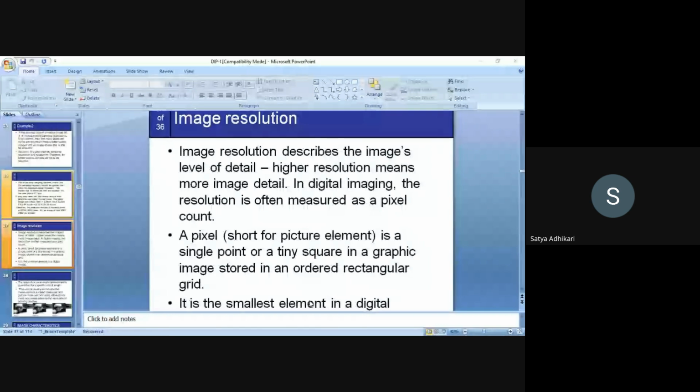Those who have not written, please do not write again and again. Those who have not written your registration number and name, please write on the board.